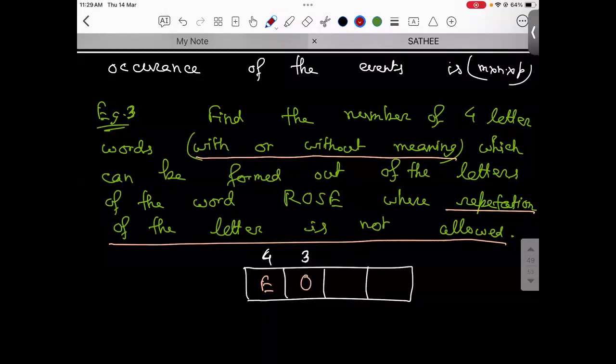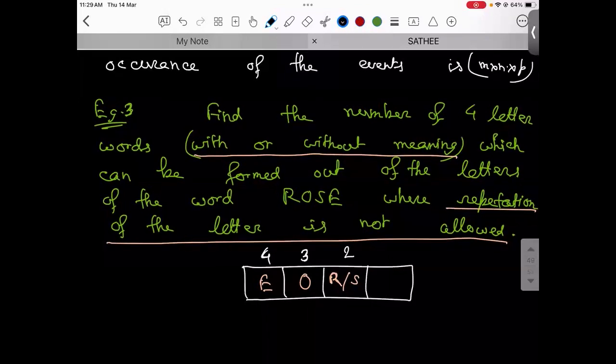Then how many options do I have for the third position? Either R or S, so I am left with two choices. You can see how the events influence each other. The choices of the first and second positions influence the choice of the third and fourth positions. So I have already chosen E and O, so I have the choice of R and S. So I have chosen R.